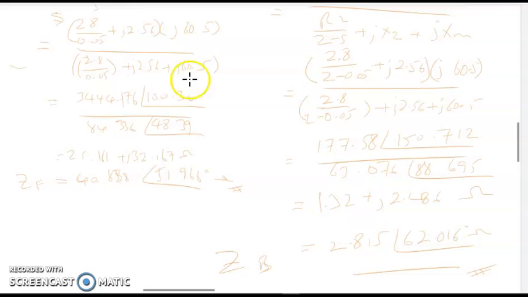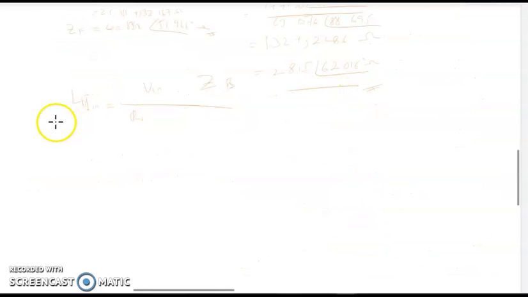Okay, so you go back to your In, which is In equal to Vin divided by the total impedance, which is Vin divided by R1 plus JX1 plus 0.5 Z forward plus 0.5 Z backward.